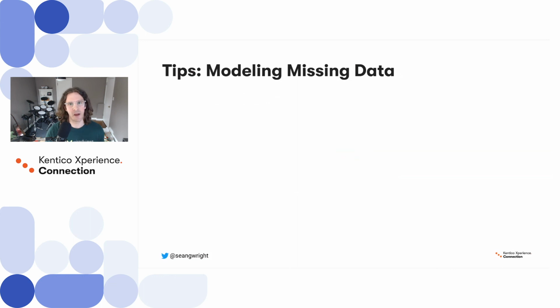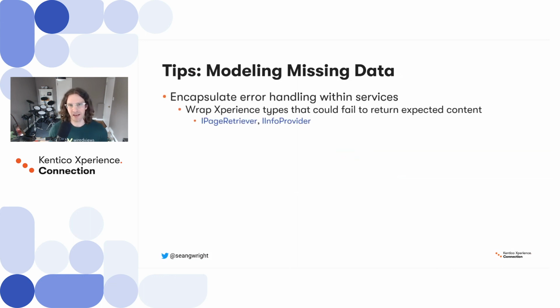So here are some tips on modeling missing data. We want to encapsulate error handling within services. Kentico Xperience types like IPageRetriever and IInfoProvider are going to return nulls. You might want to consider wrapping those types and converting the null into a result or into a maybe.